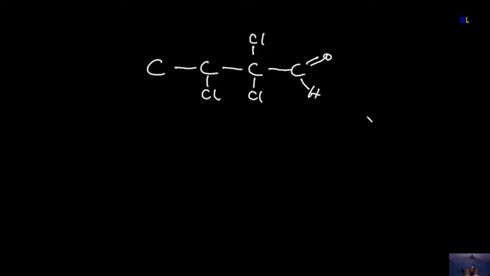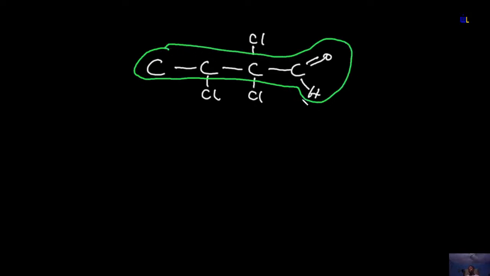If we are to name this compound, first of all, we select our parent chain. This is our parent chain. Then the next thing is to allocate locants. Obviously, you start allocating locants from the carbon end closest to the functional group of highest priority. That's 1, 2, 3, and 4.